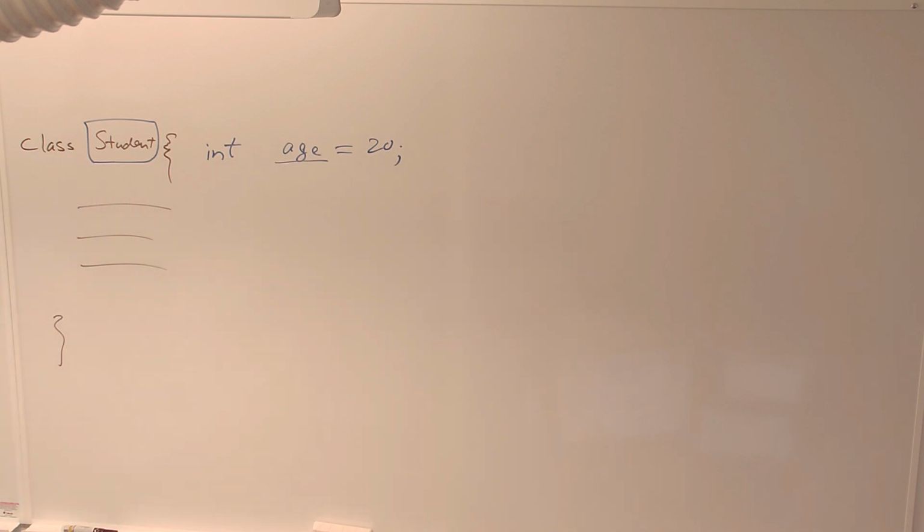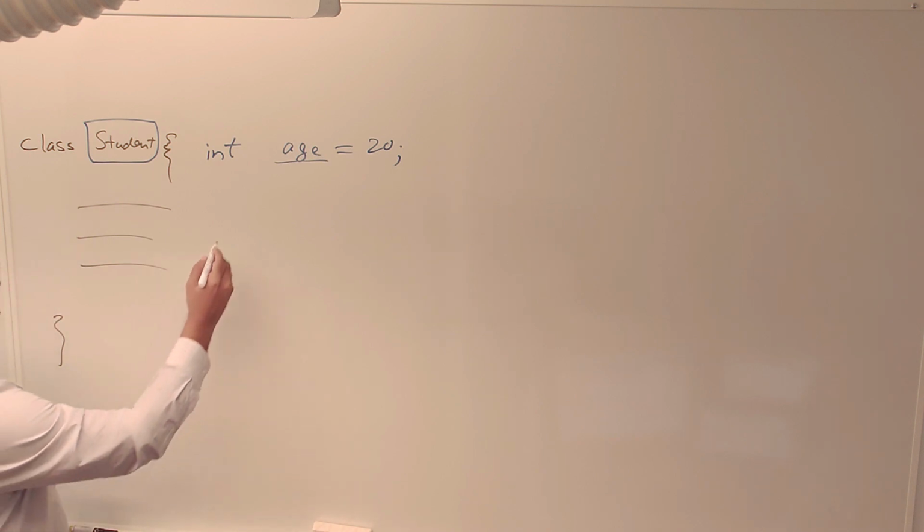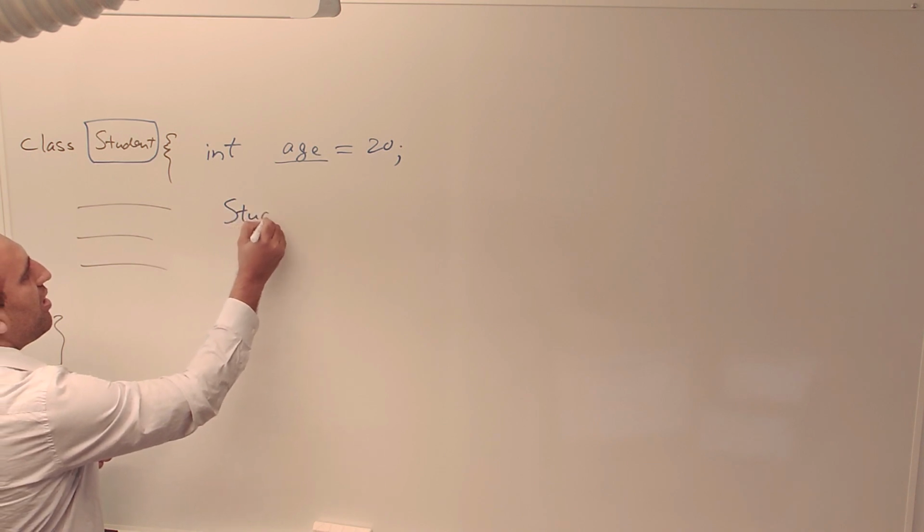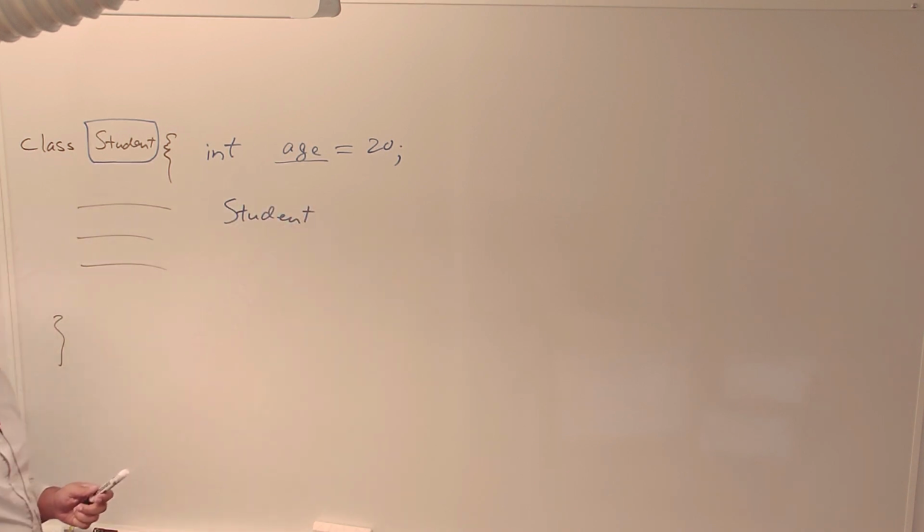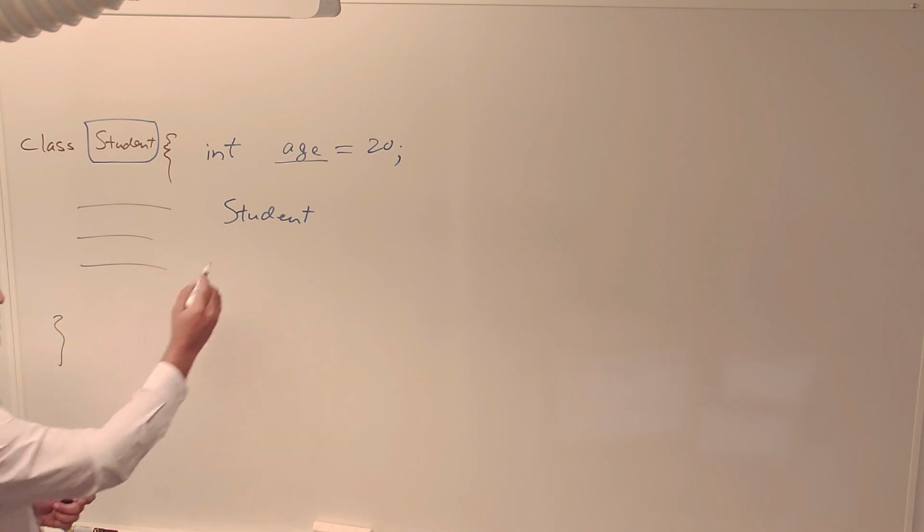We can use it as a type to represent our data about the student. And in a similar way to the primitive types, we can create objects of type Student.